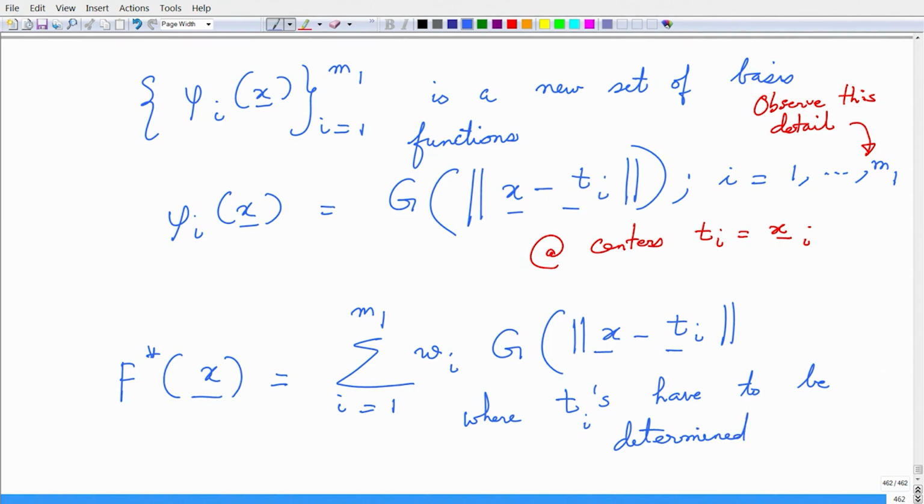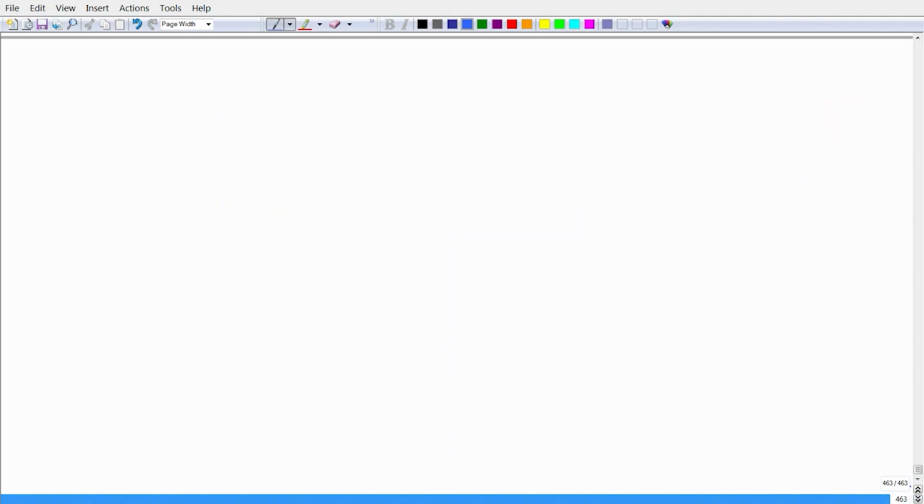Because if I choose t i to be x i for i equals 1 to capital N, it is my original problem, but I don't want that. I want to restrict my solution to i equals 1 to M1. So let us see how we can formulate the functional.